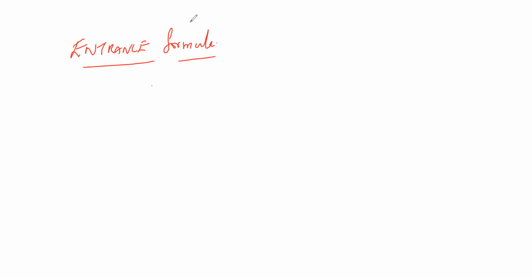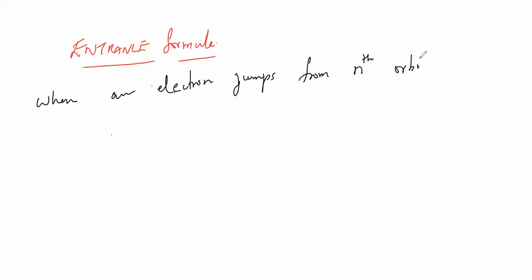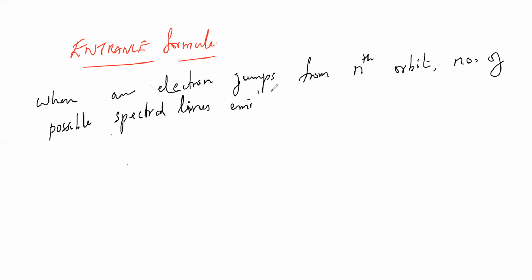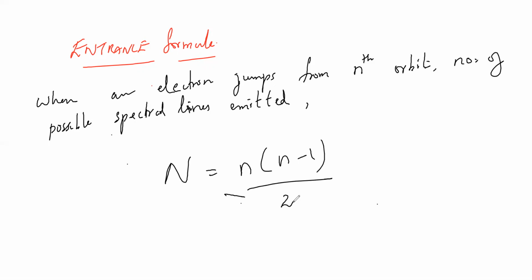So I was talking about the electron jumping, right? When an electron jumps from nth orbit, the number of possible spectral lines emitted is N is equal to n into n minus 1 by 2, where n is the number of orbits and capital N is the number of spectral lines.